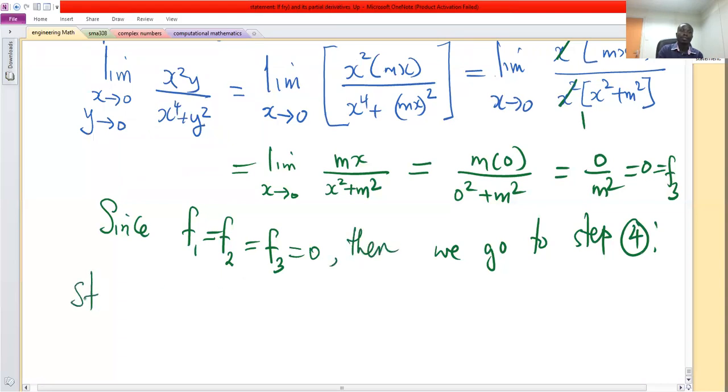In step 4, now you approach the point through the parabola y equals mx squared.